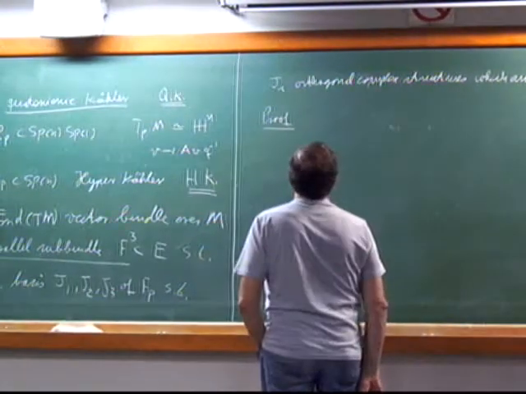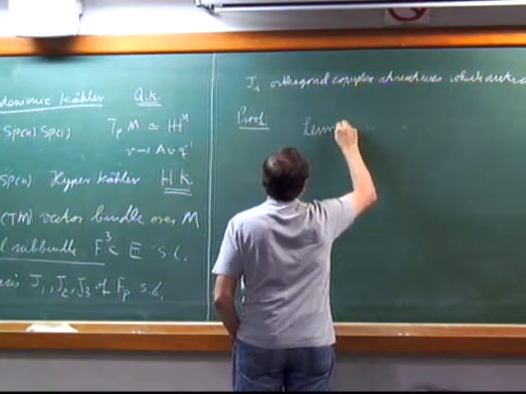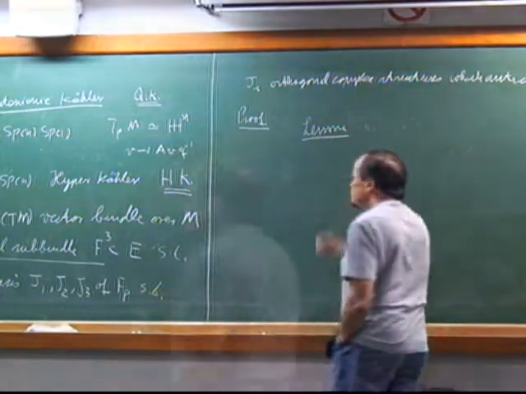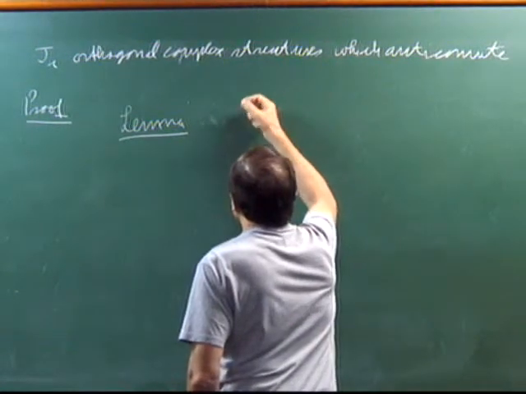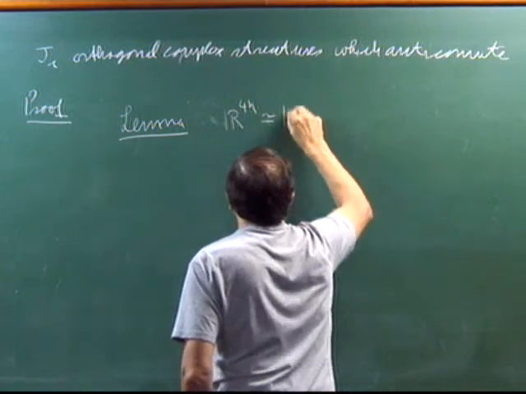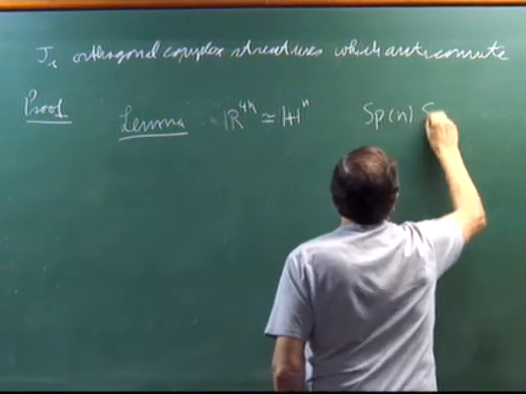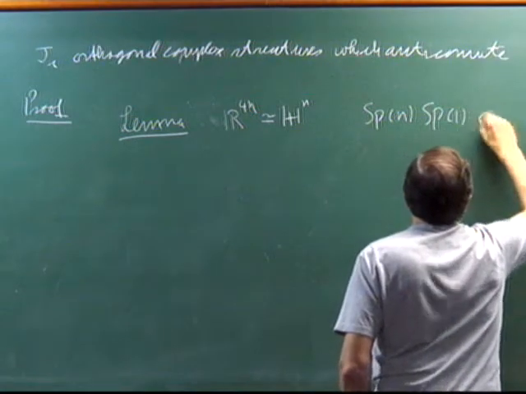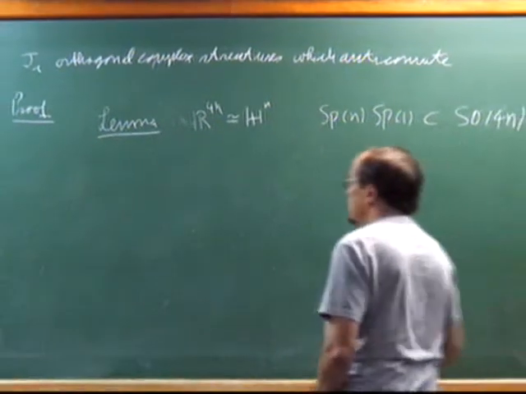Okay, we got distracted. For the proof, I need the following lemma, which is useful in its own right later on. It's just a fact about a vector space. We have an embedding of Sp(n)·Sp(1) inside SO(4n) by this action here.